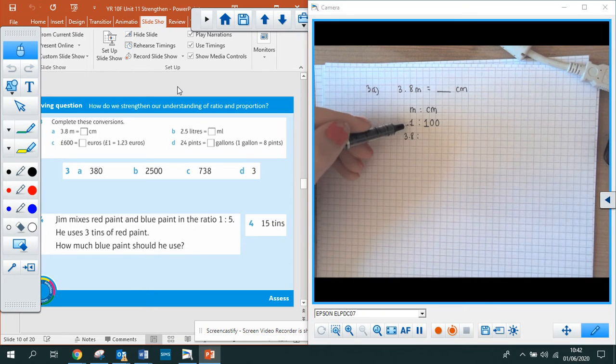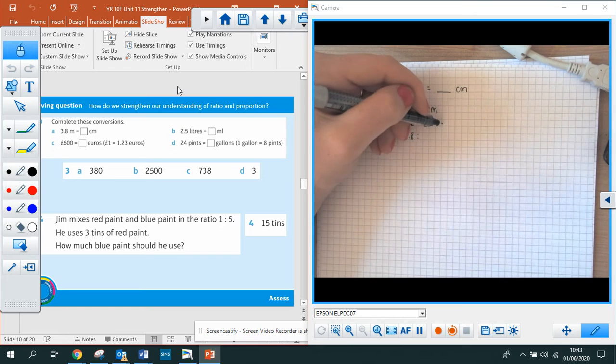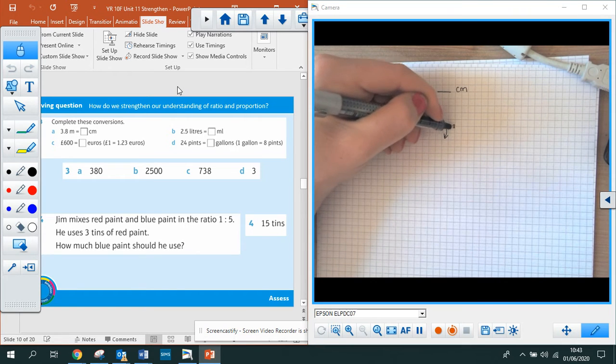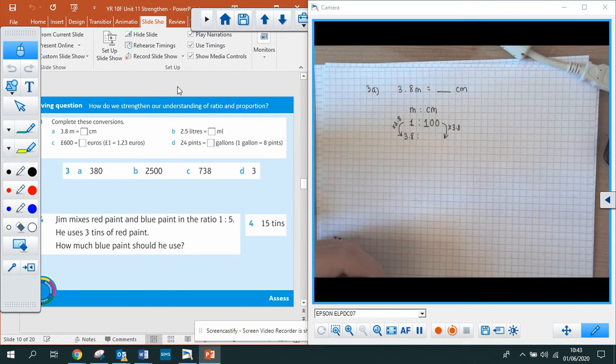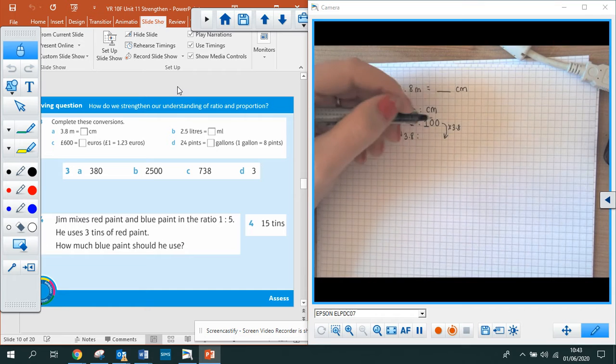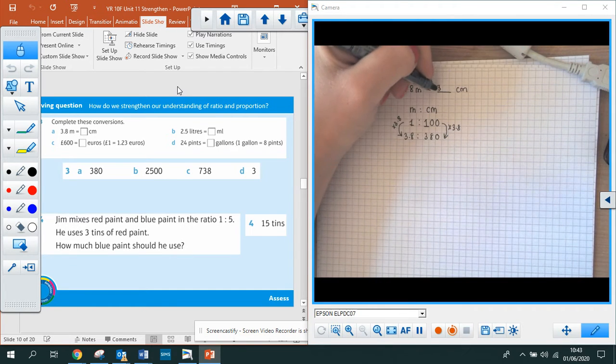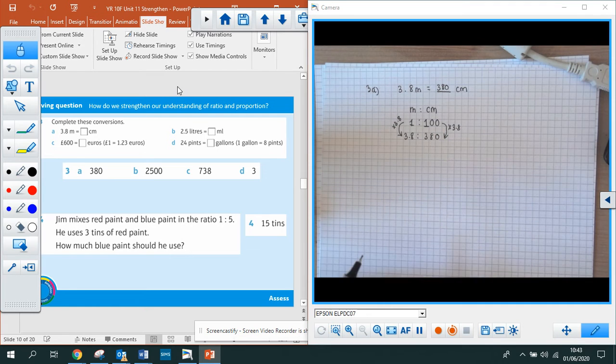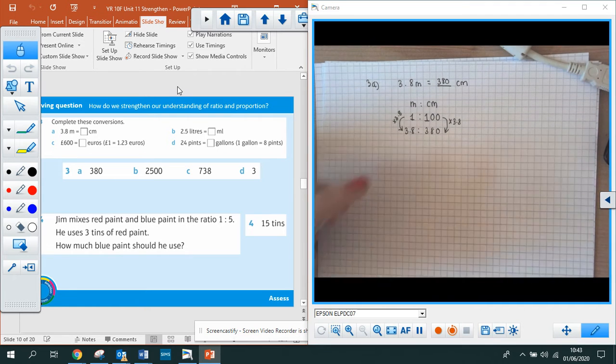How do I get from 1 to 3.8? I multiply by 3.8. Therefore, to get the centimetre conversion, I'm going to multiply my 100 by 3.8, and that will tell me what 3.8 metres is in centimetres. Okay, and 3.8 multiplied by 100 is 380. You should have 380 centimetres as your answer there.